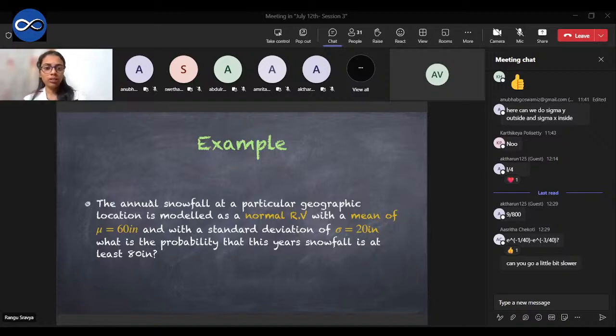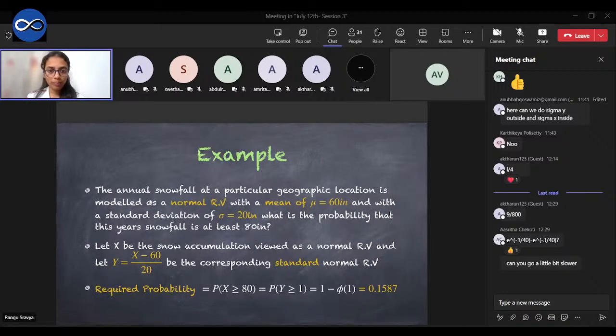So sigma is given, mu is given. We need to find the probability that X is greater than or equal to 80. First we'll standardize it, then convert it in terms of the standard random variable and calculate using its CDF. Let us look at the solution.